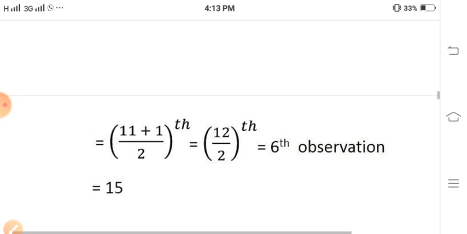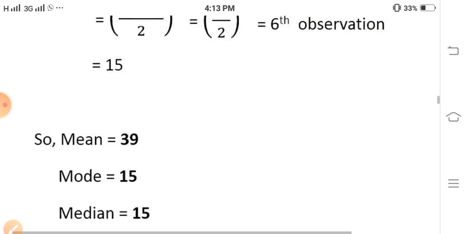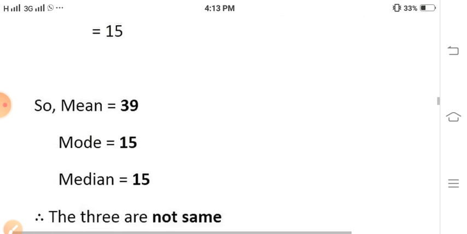So from the beginning we will count, we will go for the 6th observation. So on the 6th position 15 is there. So the median is 15. Students, you can see that mean, median and mode, they are not same.